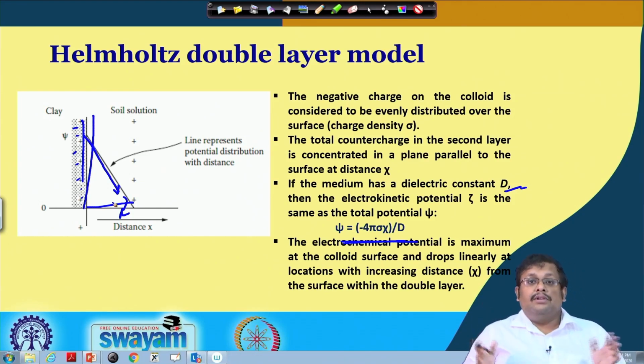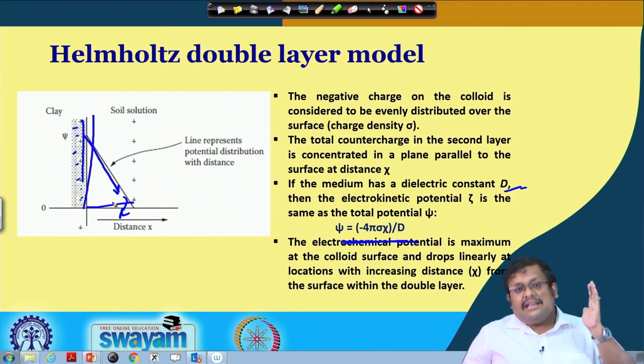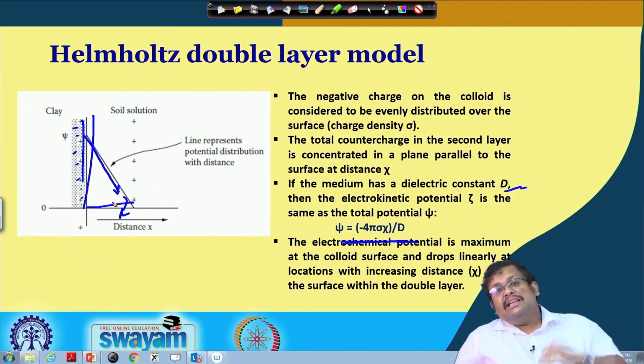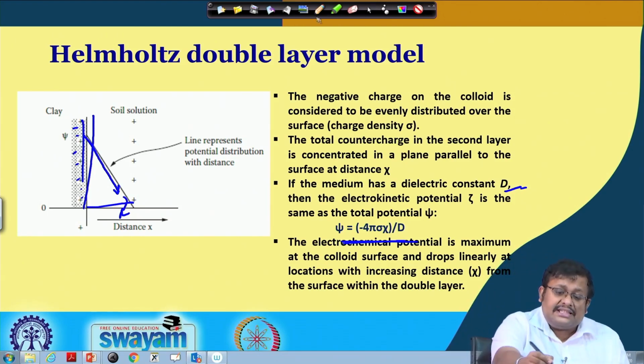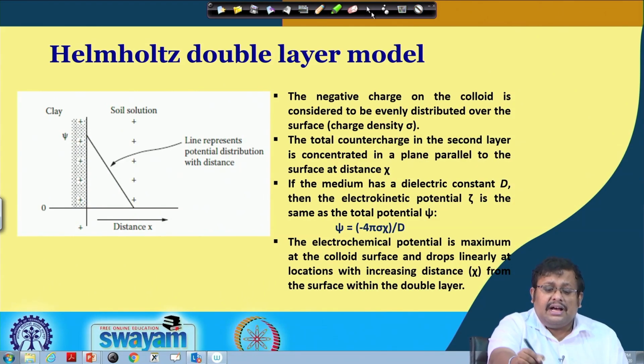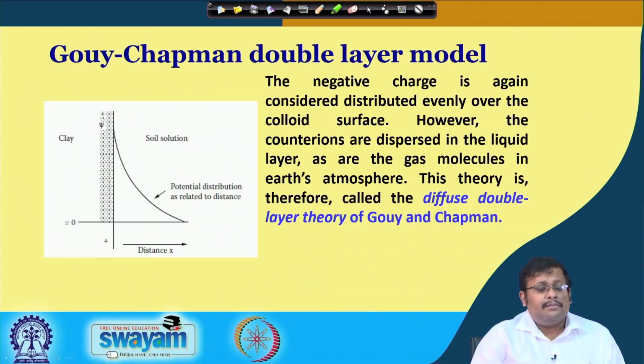The electrochemical potential is highest at the clay surface and drops linearly with increasing distance from it. So, this is the Helmholtz double layer model.